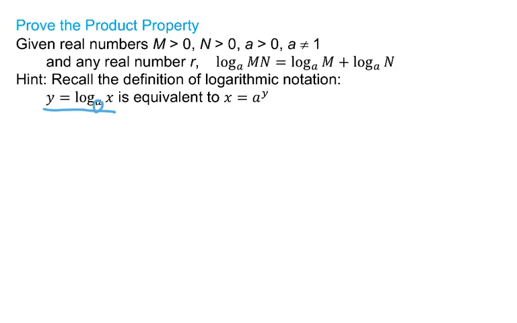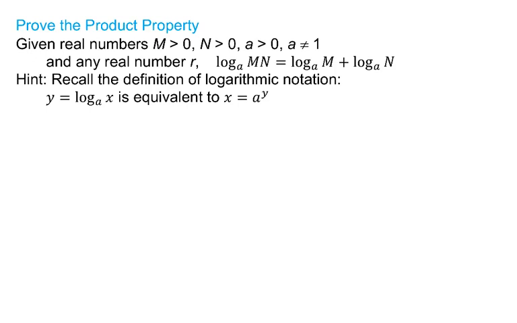This base raised to this exponent gives you this number. So the base a to the exponent y gives you the x, the quantity that's inside. Let's show how we can use that to illustrate that what is really going on here is that this property is a property of exponents in disguise.